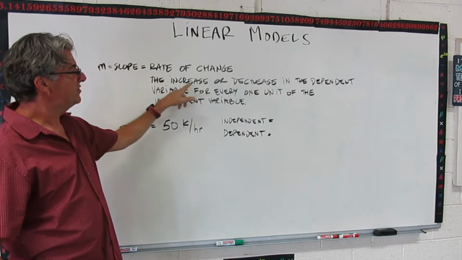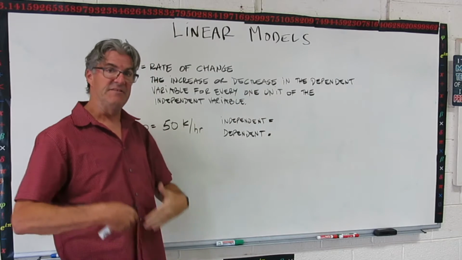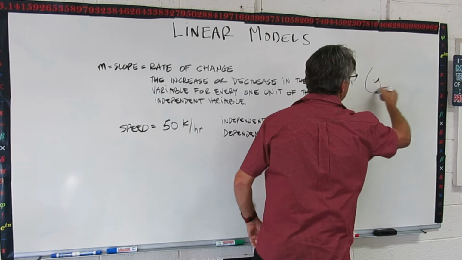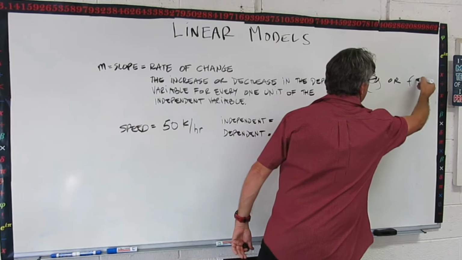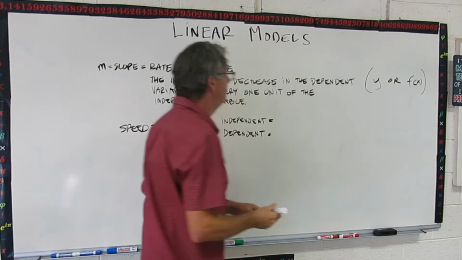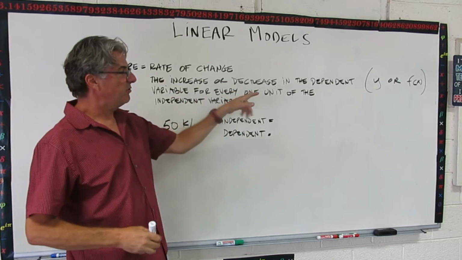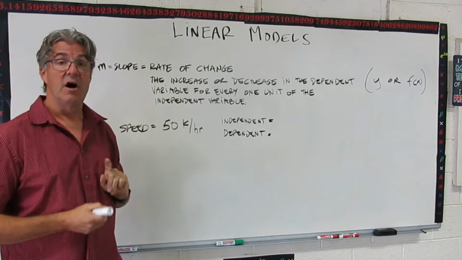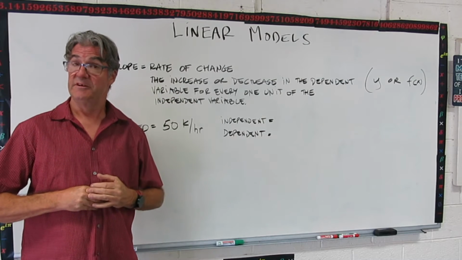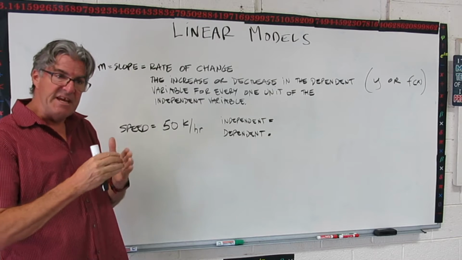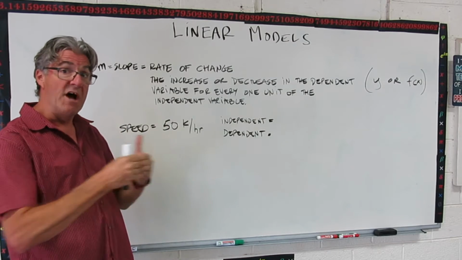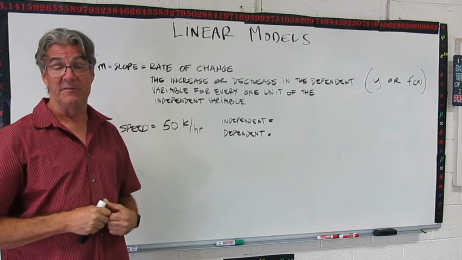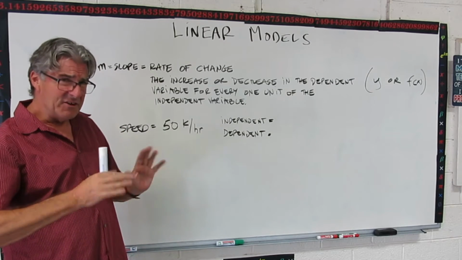It's the increase or decrease in the dependent variable, which is y or f of x, for every 1 unit of the independent variable. Okay? So every time the independent variable changes by 1 unit, how much change do we get in the dependent variable? Okay? So that's a little bit abstract.